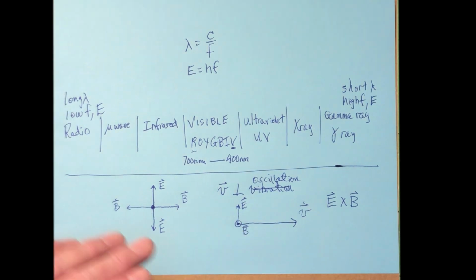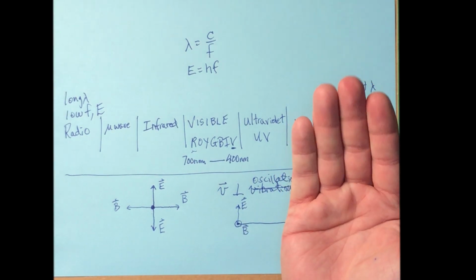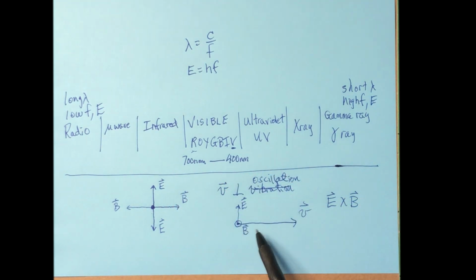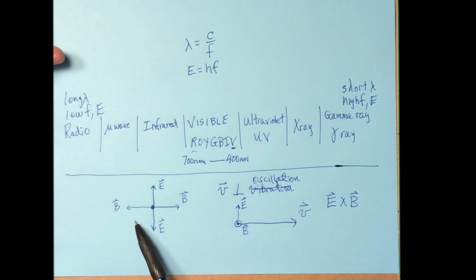So in this case, E points up, cross your hands into B, your thumb points in the direction of the propagation of energy or the direction of travel. So if that's a photon, it's carrying energy from this point to some point to the right. So that's what I mean, the direction of travel. Now, E and B are always perpendicular.